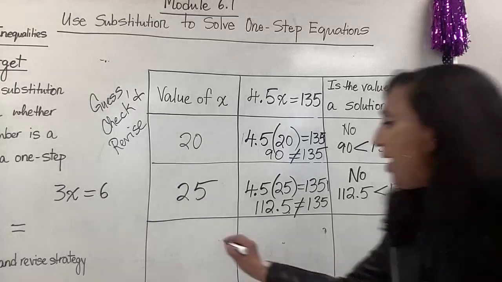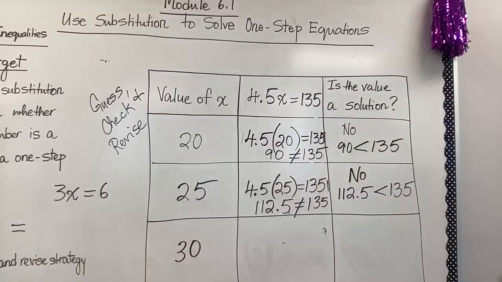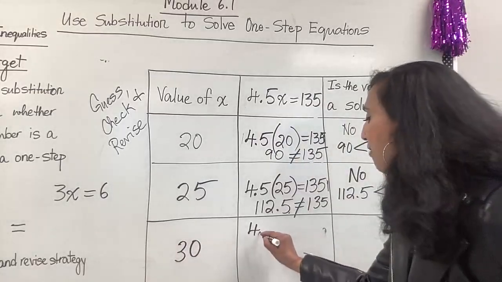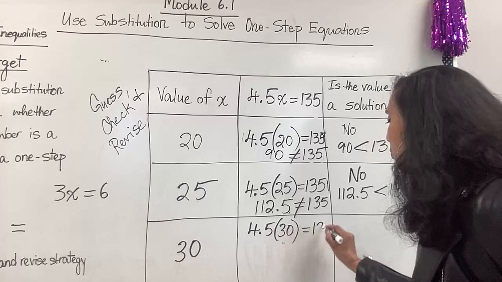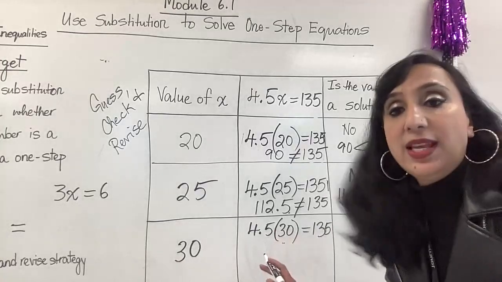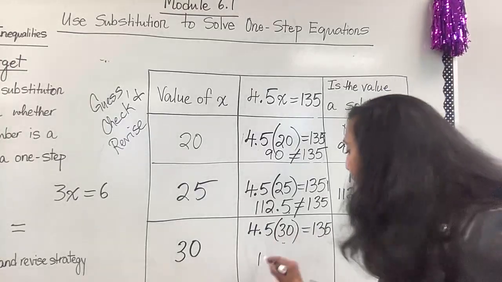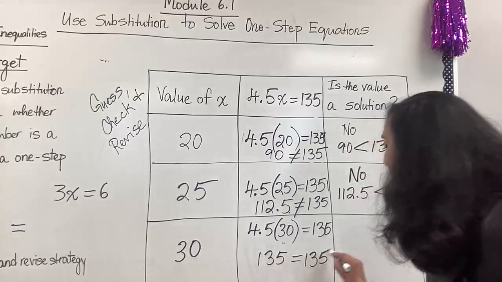So let's try 30. So when I try 30, I'm going to do 4 and 5/10 times 30, which should equal 135. So when I do 4 and 5/10 times 30, I get 135, which is equal to 135.